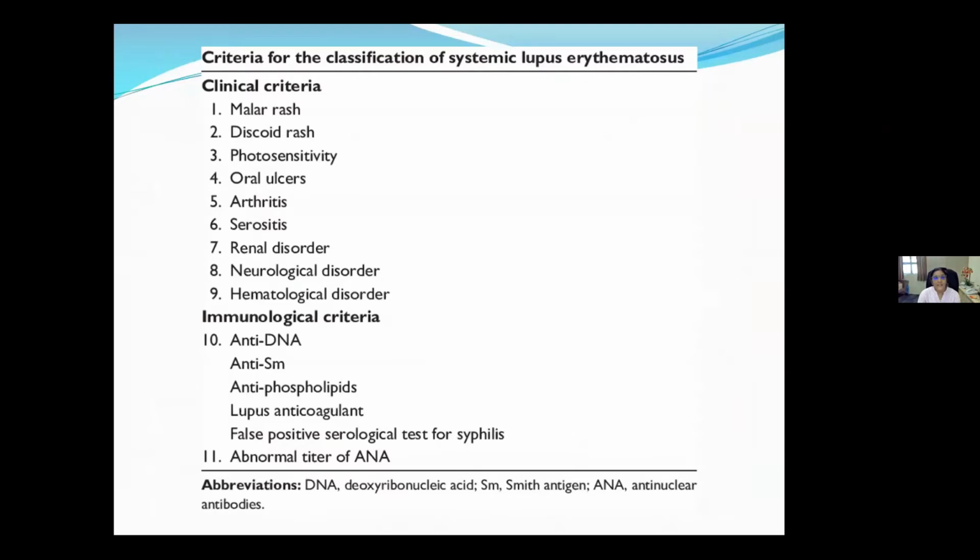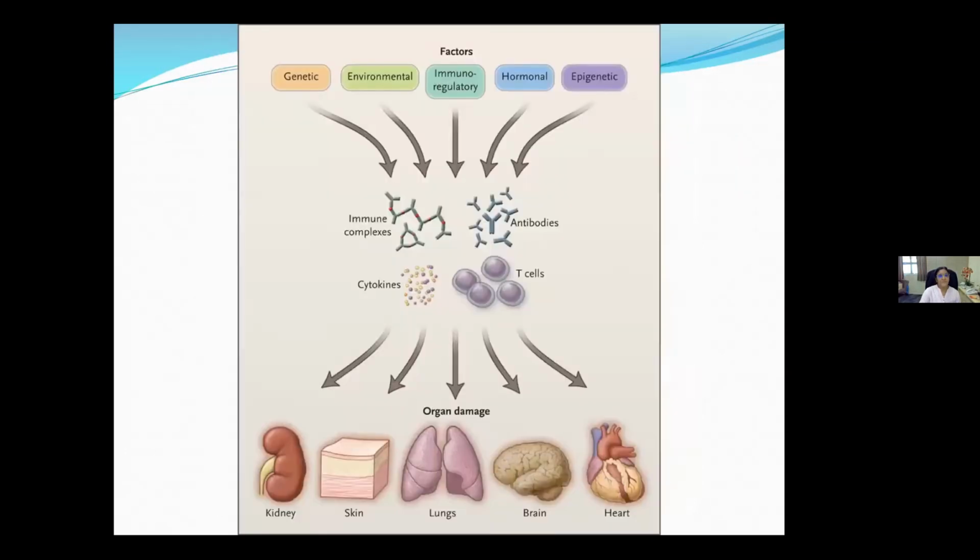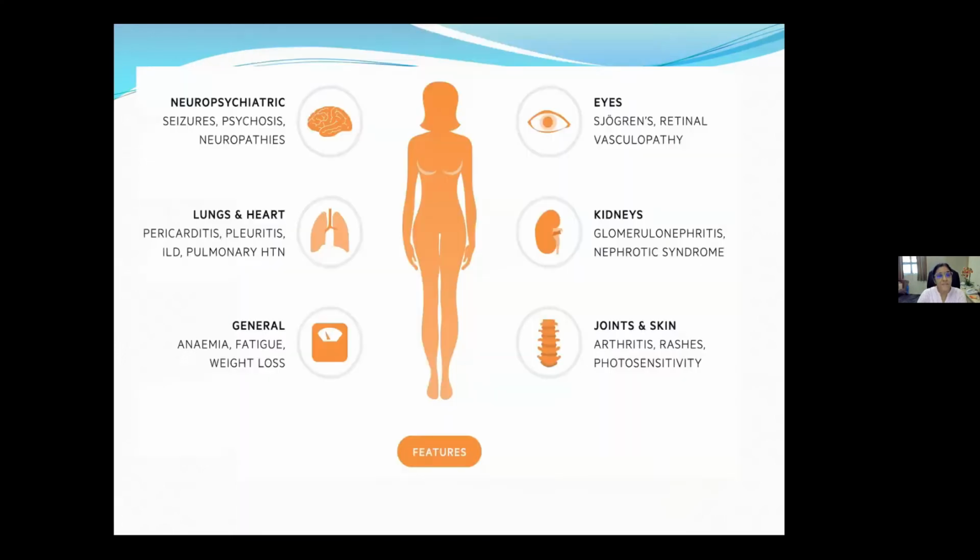The clinical criteria for SLE could be malar rash, photosensitivity, oral ulcers, arthritis or serositis. Sometimes they could even have lupus nephritis, a neurological disorder or a hematological disorder. The genetic, environmental, immunoregulatory or hormonal factors could cause immune complexes and cytokines, which could lead to a multi-system disorder.